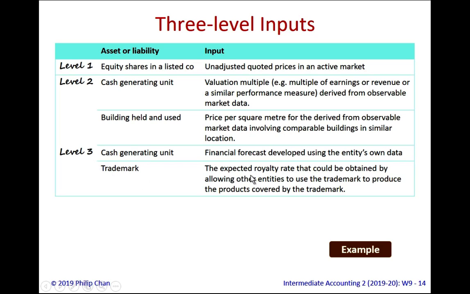A trademark as well. The expected royalty rate that could be obtained by allowing other entities to use the trademark to produce the products covered by the trademark, and those rates would be internally developed. That would be level 3 as well.